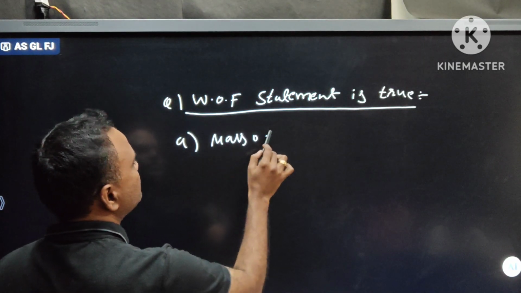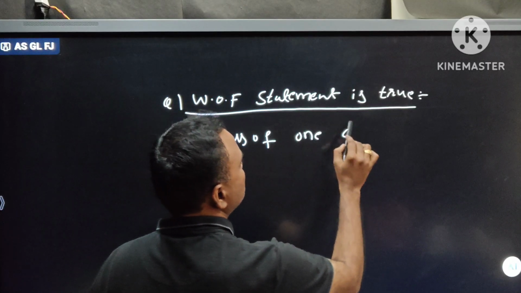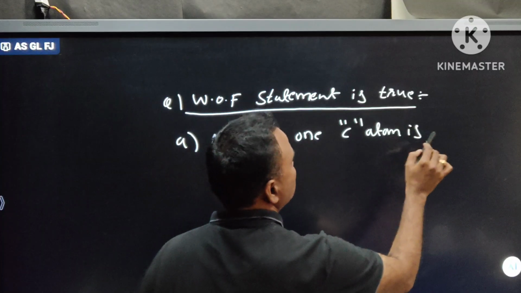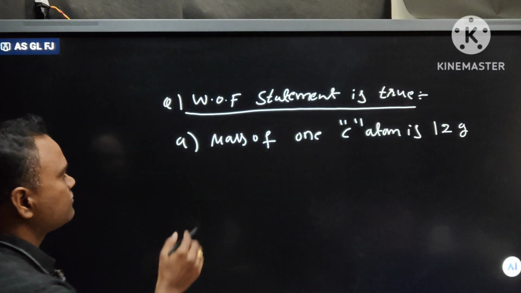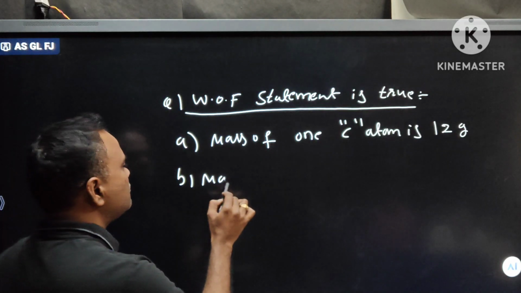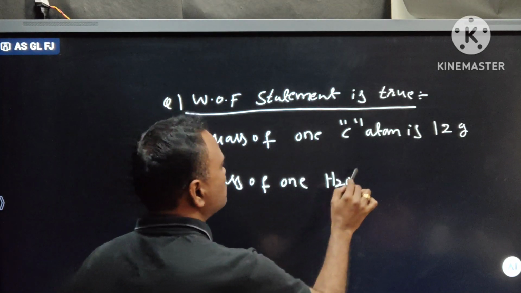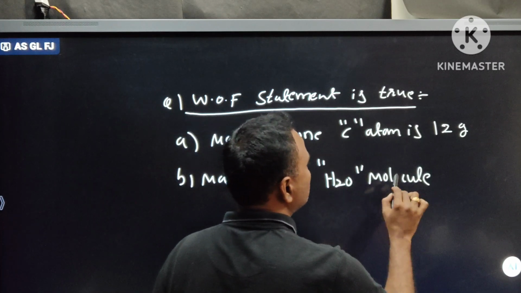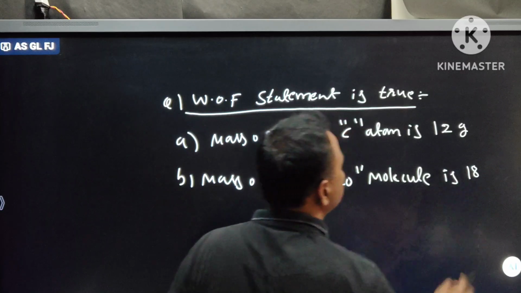Mass of one carbon atom is 12 grams. Mass of one H2O molecule is 18.